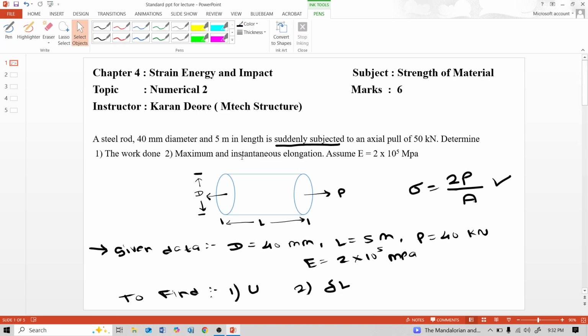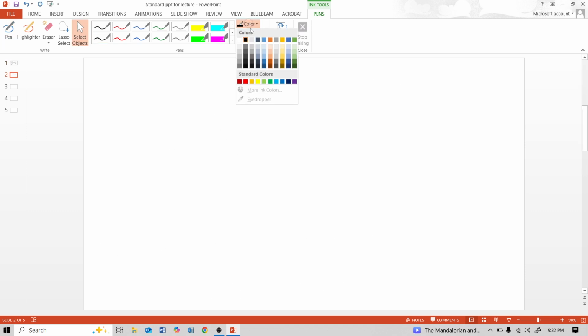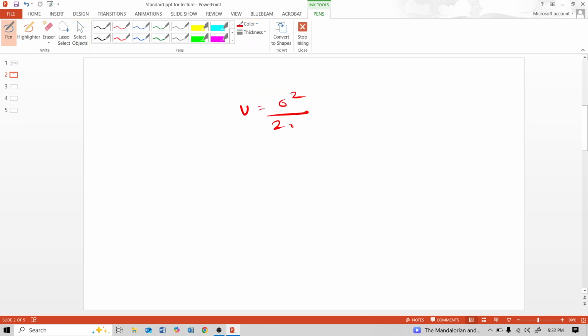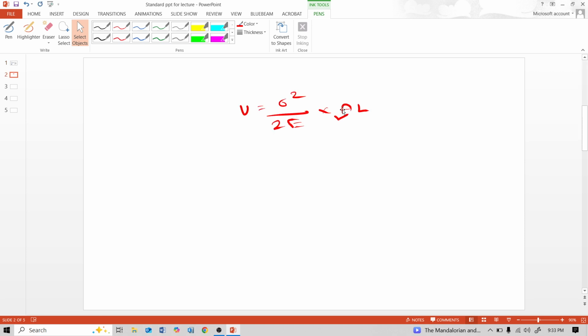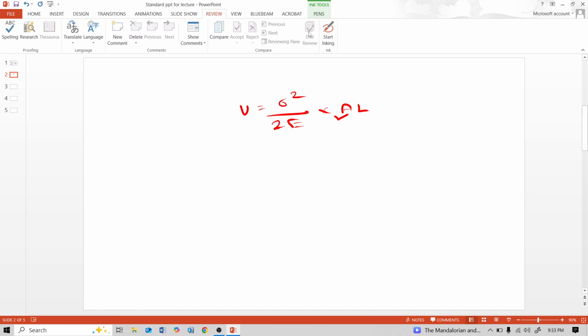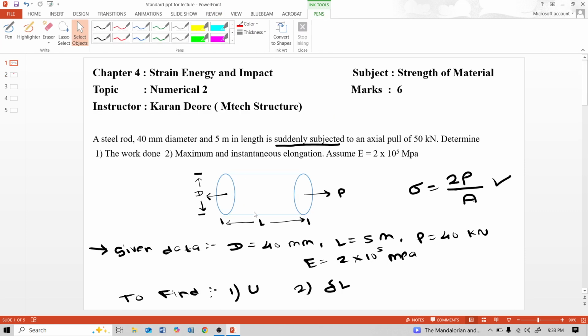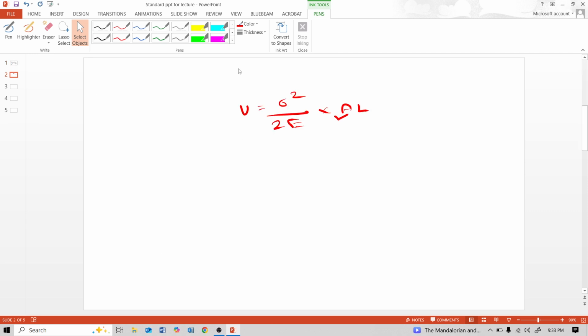We all know the U formula is sigma square upon 2E into volume. Volume means area into length. The area of that circular steel bar is pi by 4 into D square, and we have D. This L is the length of that bar, 5 meter.